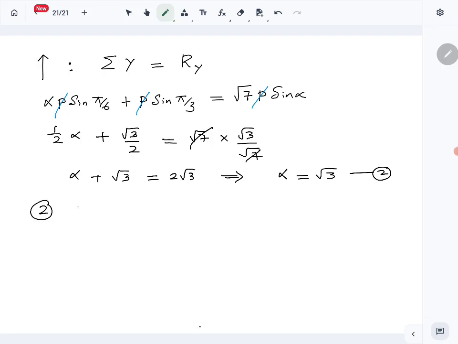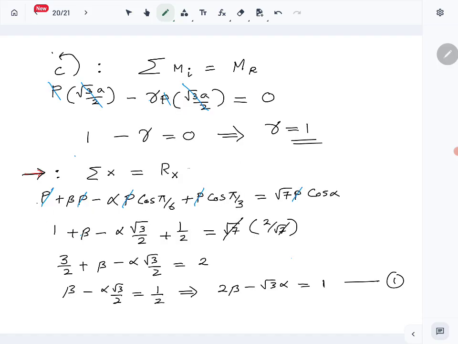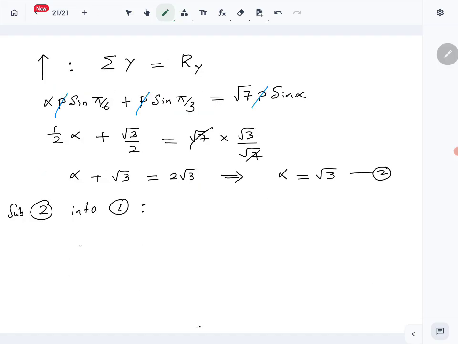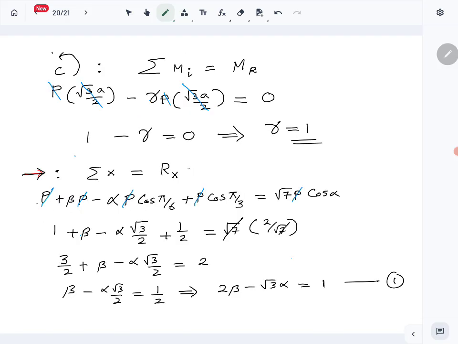Now sub 2 into 1 to find beta. So 2 beta minus root 3 alpha, where alpha is root 3, equals 1.